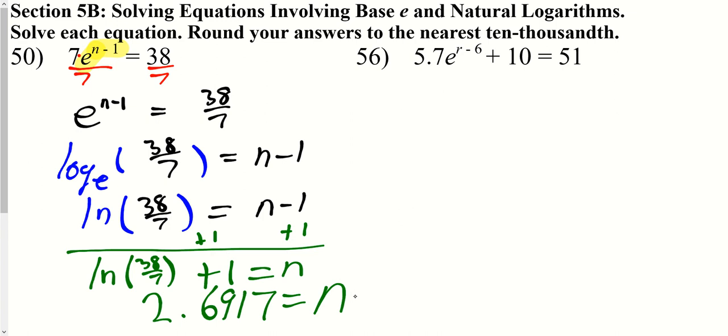Looking at our next problem here, you will notice that we have a plus 10, and we have a multiply by the 5.7. But you need to get the part with the exponent by itself. So hopefully you remember from solving other equations, you got to undo addition first.